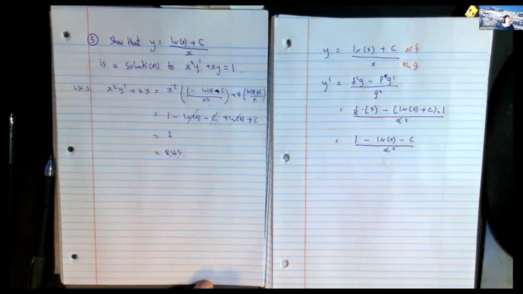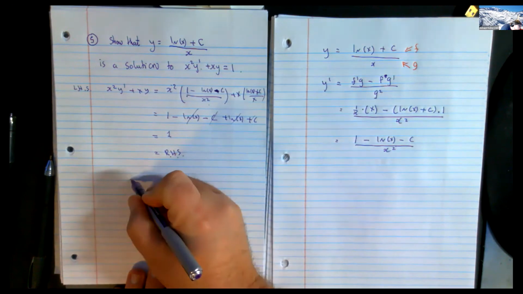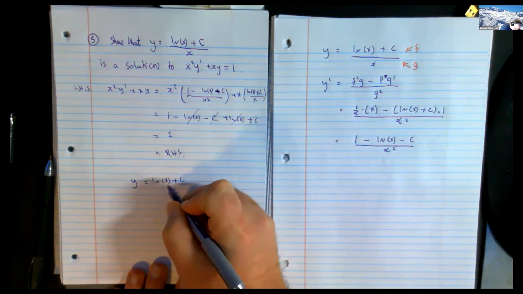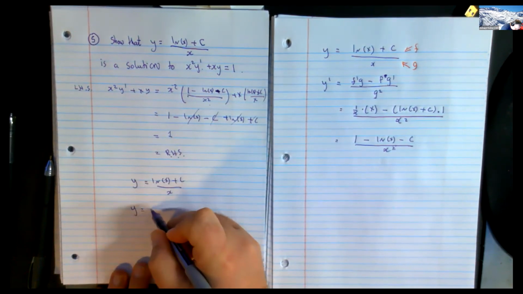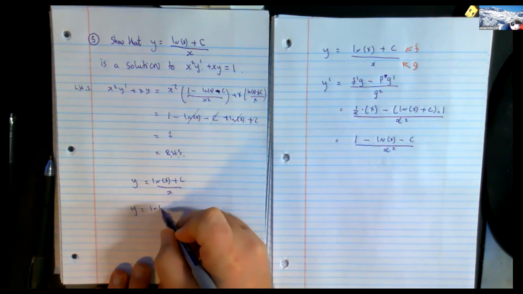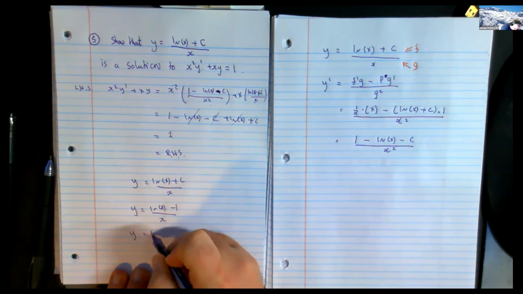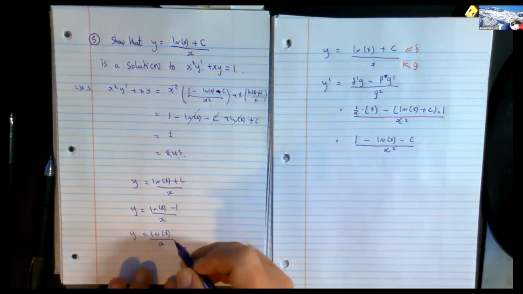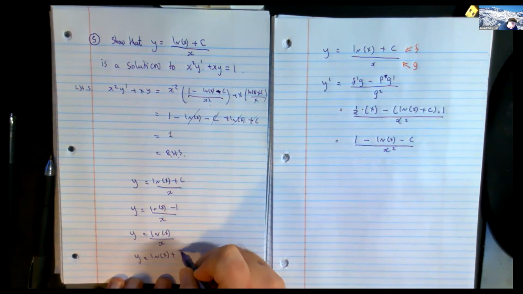That's how you check. Now they have a part B to this question where what they essentially say is pick some values of C and sketch it. Well, I don't have time for that, but here are my values of C. That would be one of my curves. That would be the second one of my curves. There would be a third one.